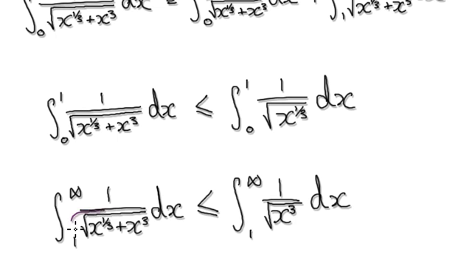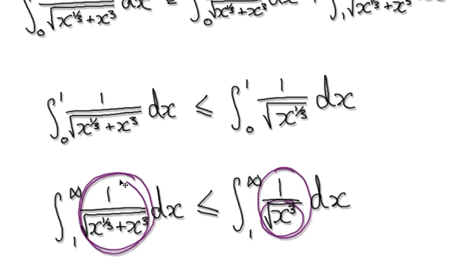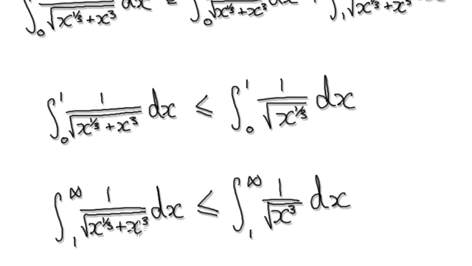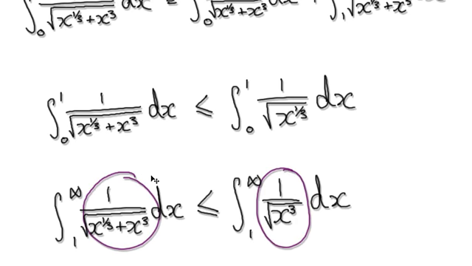If you look at the denominator and discard this, then the denominator here will be smaller. If the denominator is smaller, then the overall thing will be bigger than the overall thing over here. Press pause and think about it. So this thing here will be bigger or equal to this thing here.